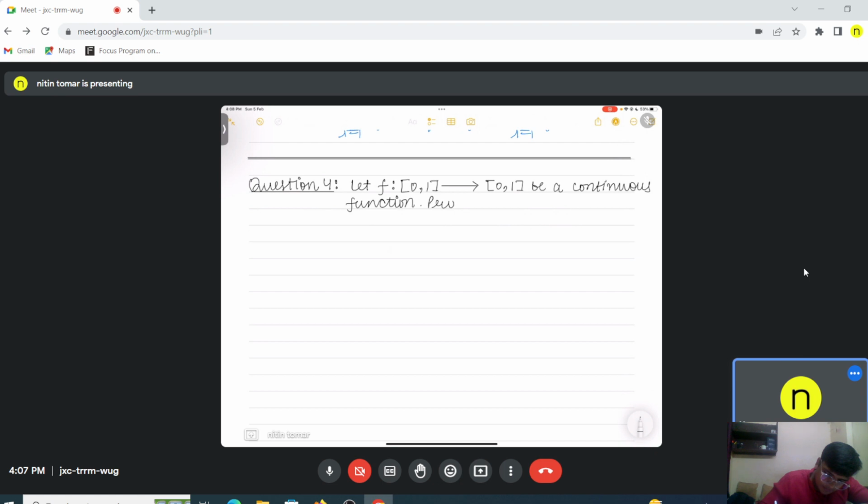Prove that f of x equal to x has at least one solution in the interval 0, 1.